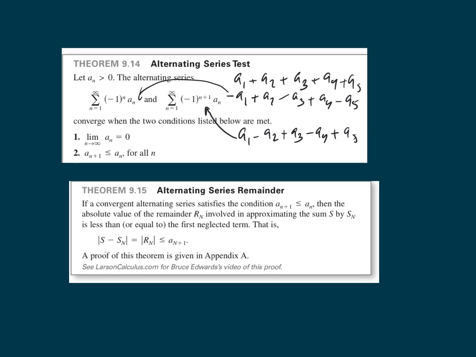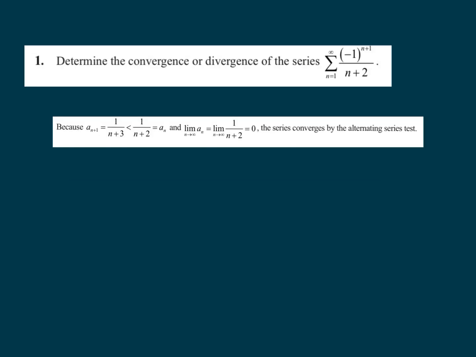Okay, let's do the problem. Determine the convergence or divergence of this series. Let's write the series. When n equals 1, it is minus 1 squared, which is positive. So the series would be plus 1 divided by 1 plus 1, which is 2.